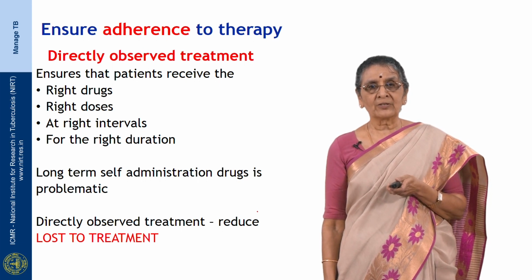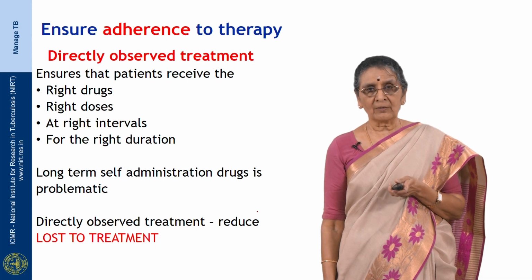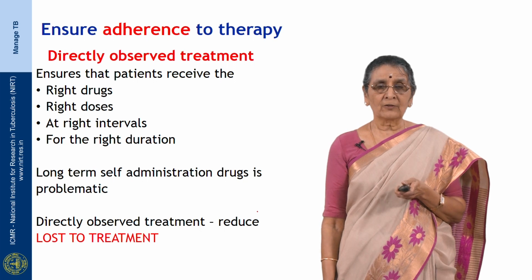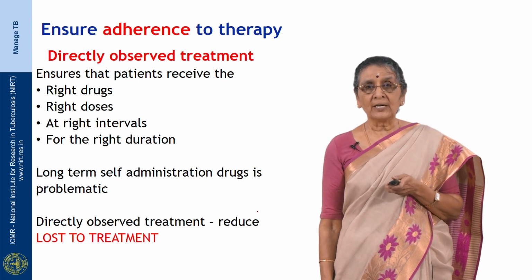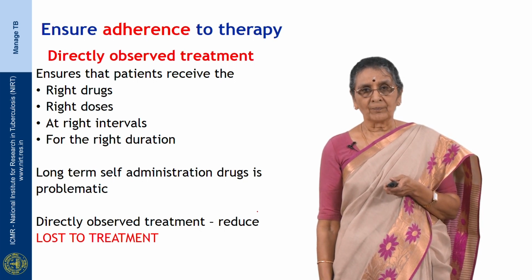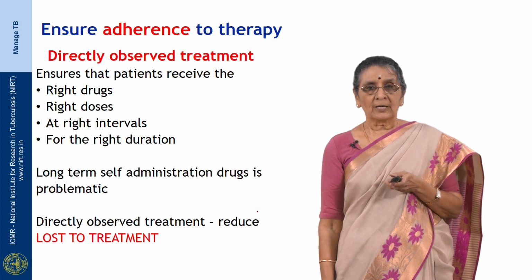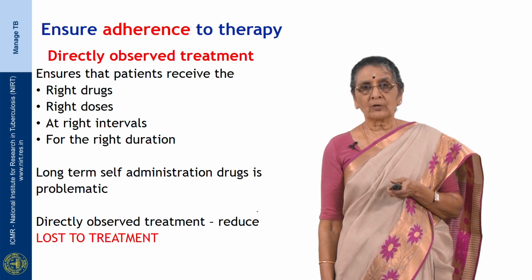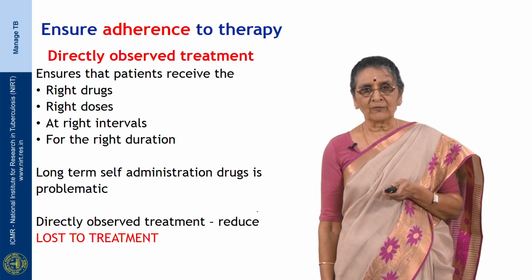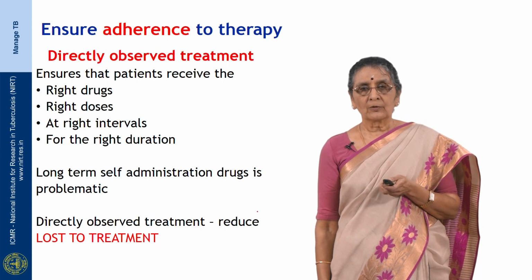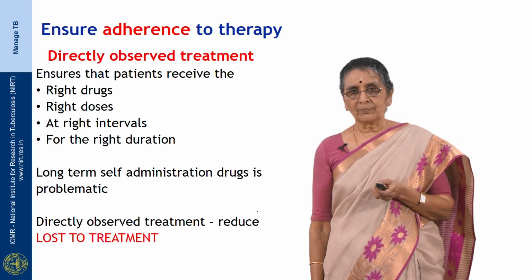Long-term self-administration of drugs is always problematic, and patients may not complete treatment because they are symptomatically better invariably after the intensive phase, and they do not find the need to take treatment completely. So, directly observed treatment helps to reduce loss to treatment from the program point of view, and it may ensure adherence to prescribed chemotherapy.